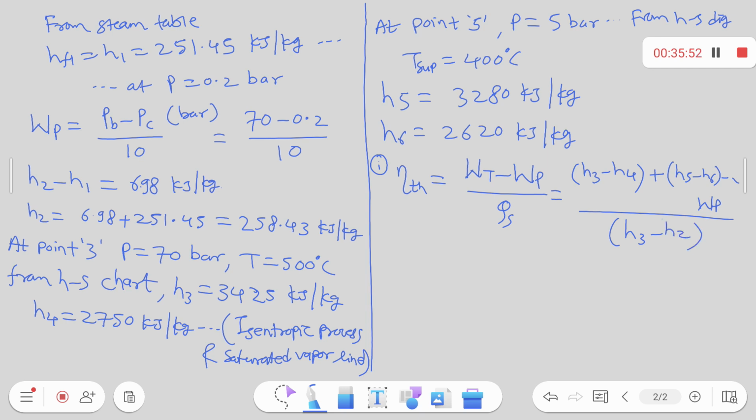Okay. So thermal efficiency is, H3 is how much?